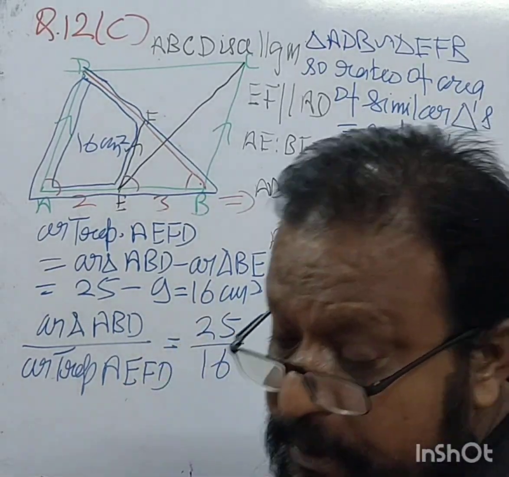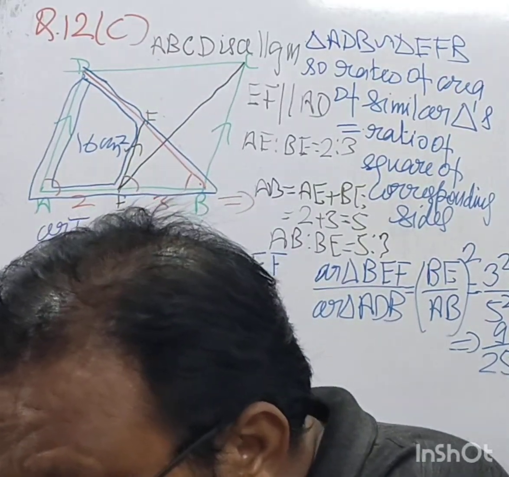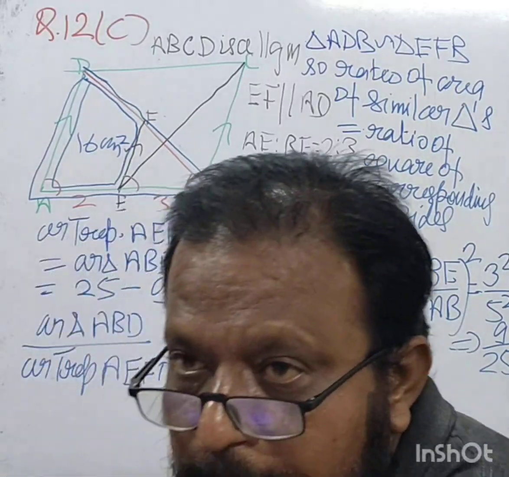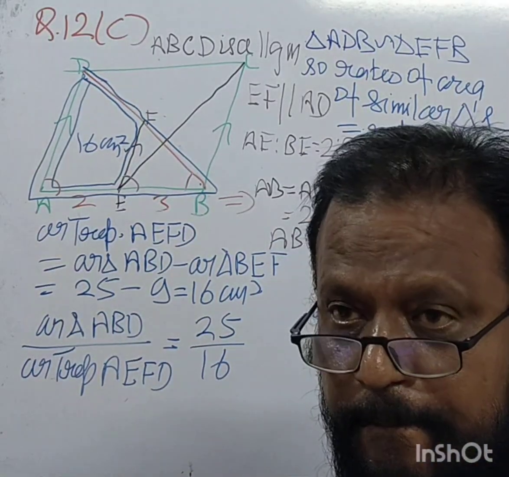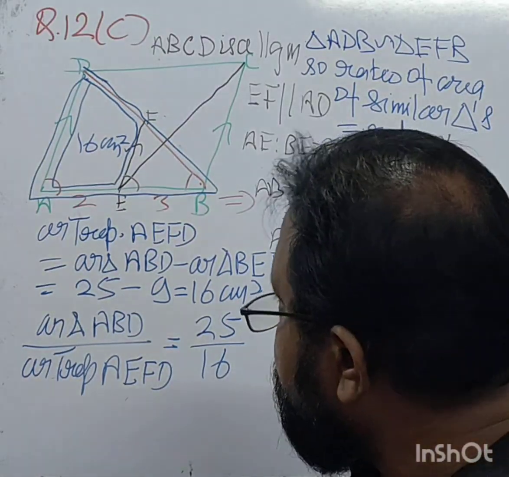Is it? What is your answer? Hmm? 25 ratios. So this is third part.